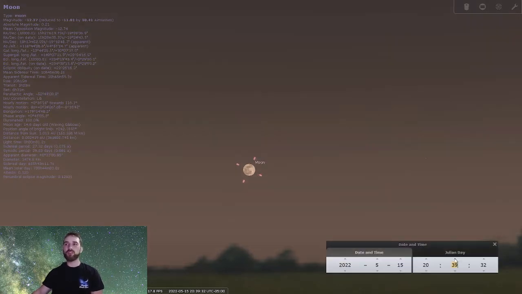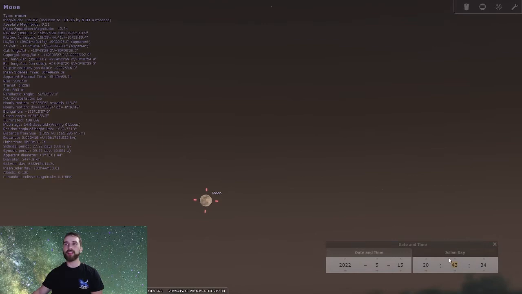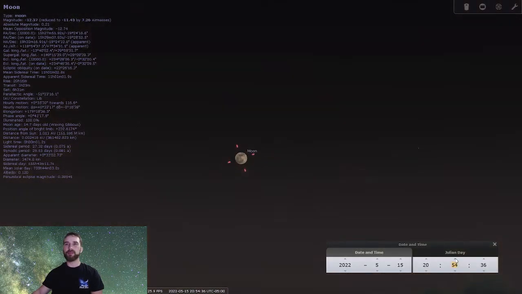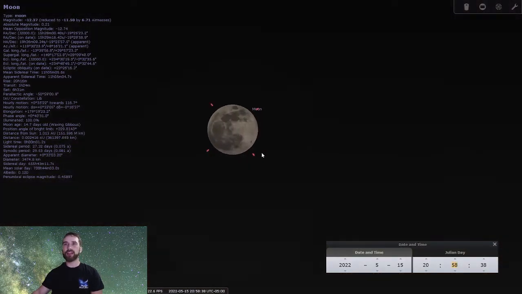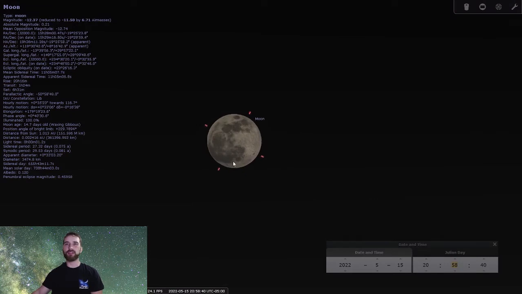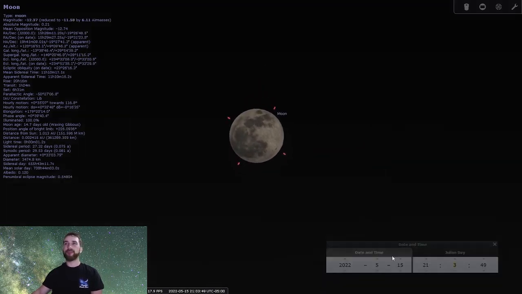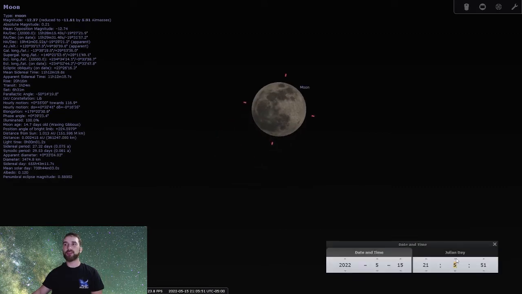And we'll just move forward into the night, minute by minute, and we start to see a little bit of dimming here on the bottom of it as the moon moves into that penumbra part of the Earth's shadow. And we see it starting to get a little dark there.